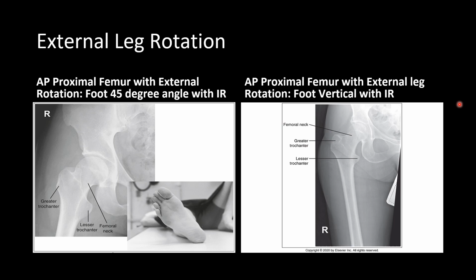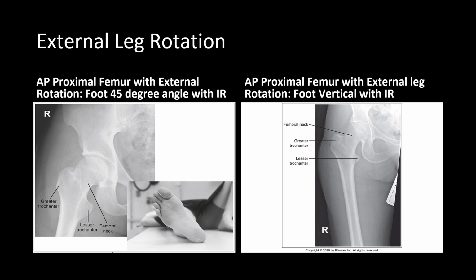In this projection to the right, where the foot is actually vertical with the IR, the femoral epicondyles are approximately a 15 to 20 degree external angle with the IR. The femoral neck is only partially foreshortened here, and the lesser trochanter is demonstrated partially in profile.